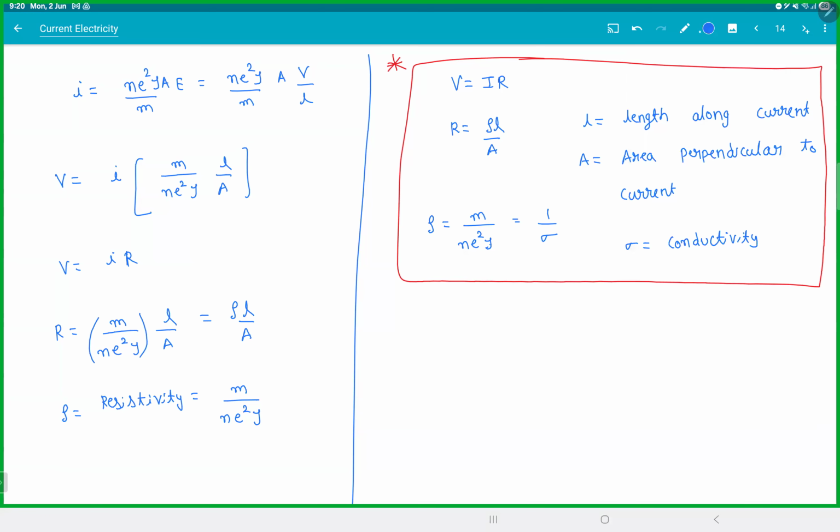Now, from here, you can see a few things. If you increase the temperature, I'll do one thing in the next page, but have a look at this.